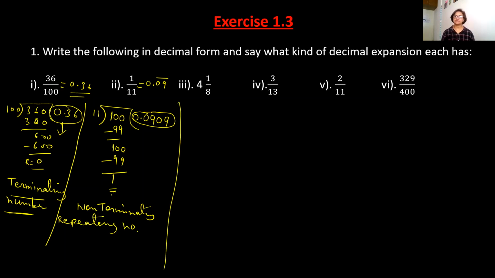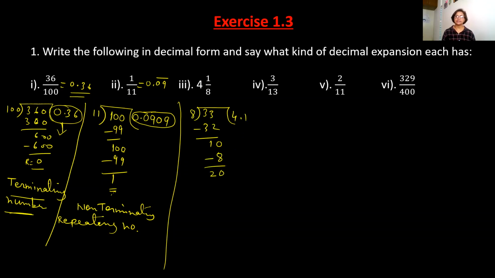We will go for the third one. The third one is a mixed fraction, so you have to write it as a simple fraction. So 4 8s are 32 plus 1, 33. So you have to divide this number by 8. 8 4s are 32. Now you will get 1. Then after putting the decimal, you will add 0 to it. So 8 1s are 8. Now you will get 2.